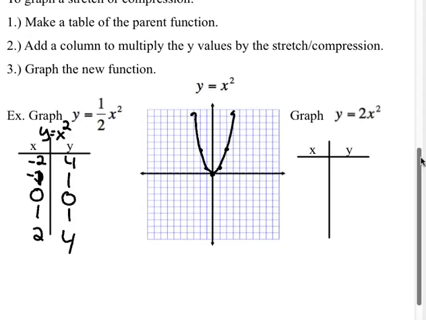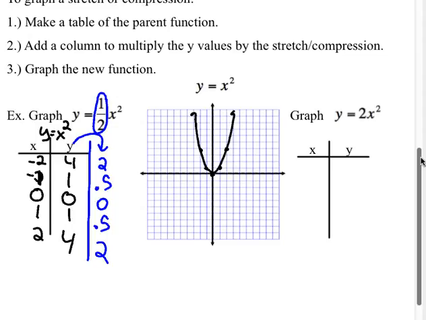Again, that's not really a surprise, but I do want to show you what happens when you have these compressions and stretches. Here, with this compression, I'm going to take all my y values and divide them all by 2.